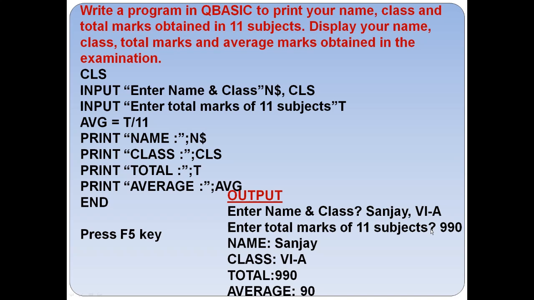The question mark indicates that we will write the data here. 990, because the total of the marks is 990. So we write 990 marks here. Now it displays name N dollar Sanjay, then class CLS 6A which we entered here, and total 990 which we entered here. Then the average will become 90.